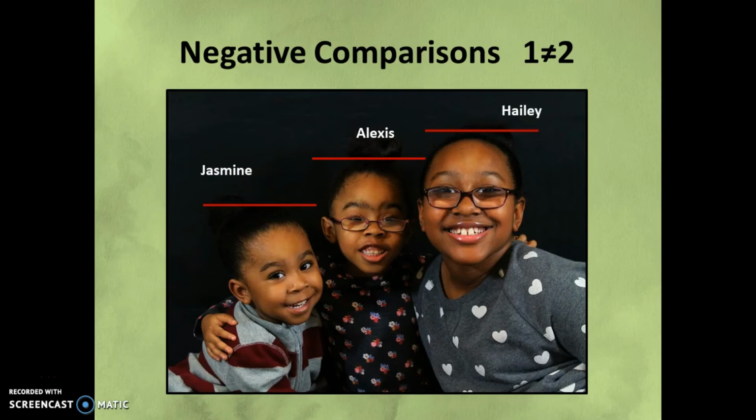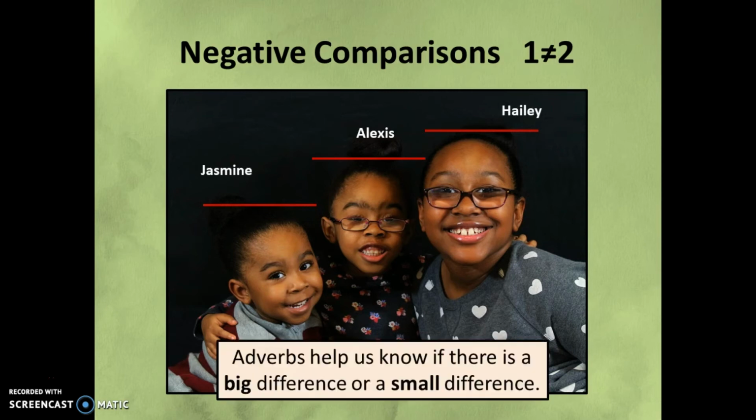Looking again at the girls' height, we can see that there's a difference between Alexis and Haley's height, but that difference is not as big as the difference between Jasmine and Haley's height. So these adverbs, not quite and not nearly, help us know if the difference is big or small.